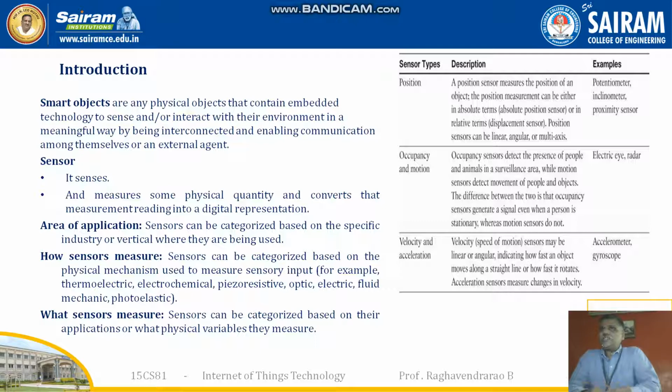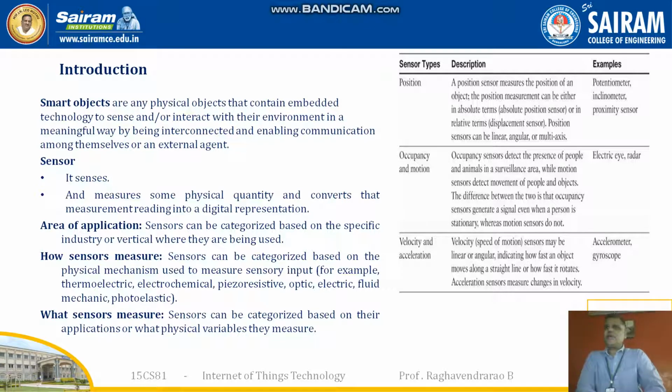Position sensors can be linear, angular, or multi-axis. Examples are potentiometers, inclinometers, and proximity sensors for position sensing.